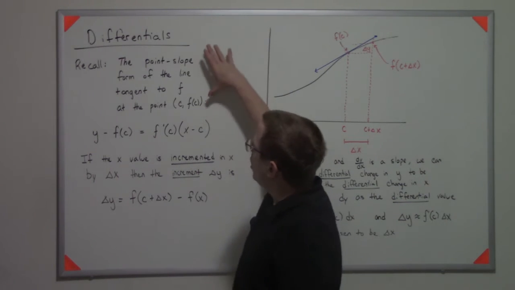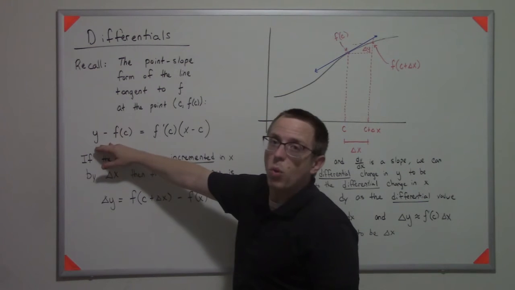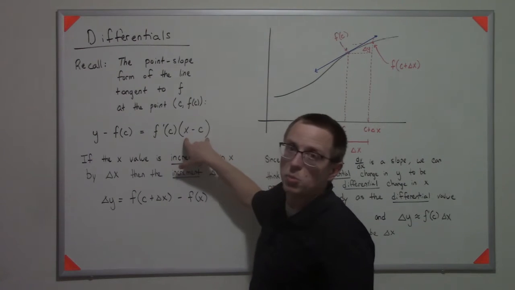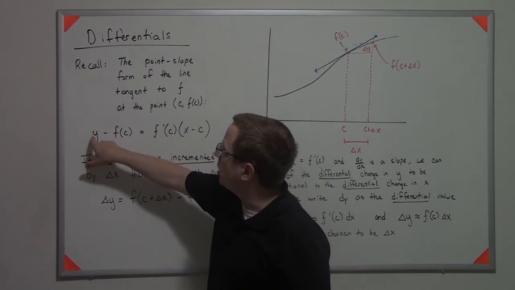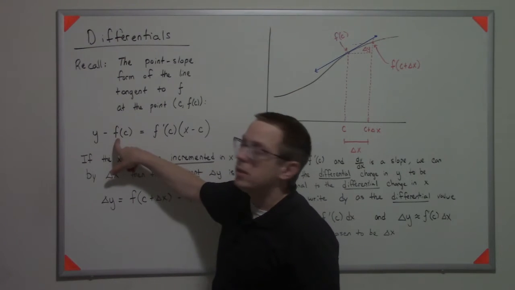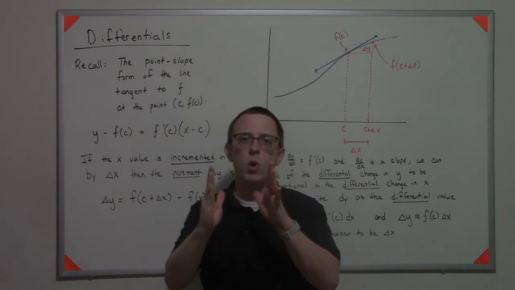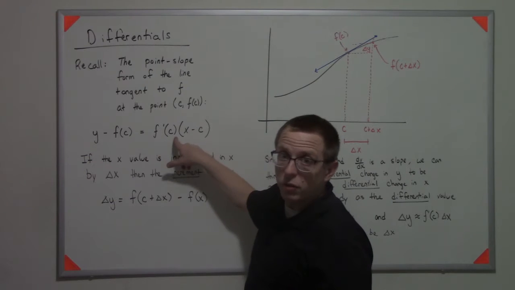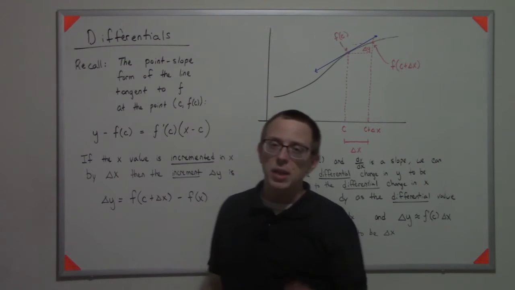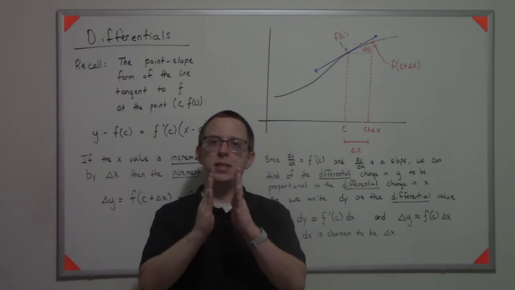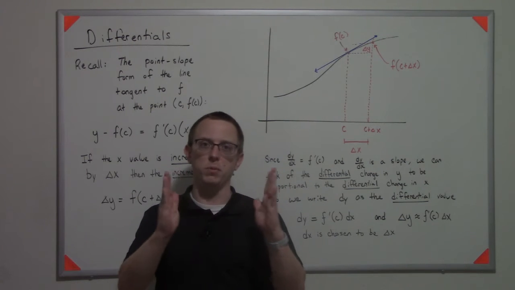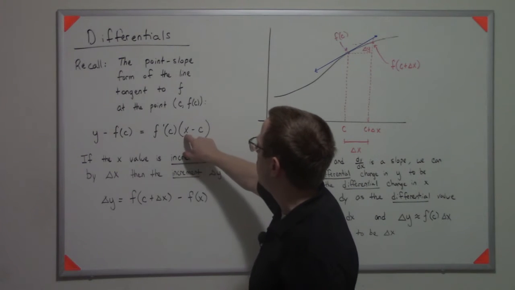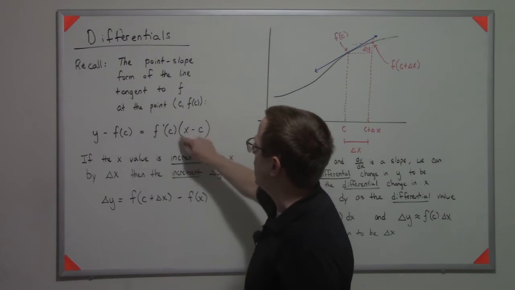So we have this point slope equation, y minus f of c equals f prime of c times x minus c. And if you think about this, this is really the output minus the function value, so that's like a change in y, equal to the derivative at that point times x minus c. Depending on what x is, you can think of that as some distance away from c. Right? So if I plug in c plus delta x here, this cancels, and what ends up being here is just a delta x.